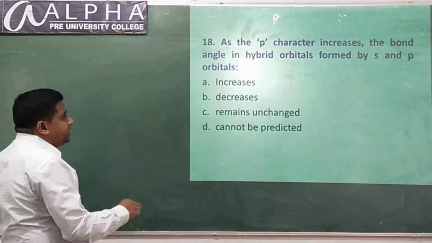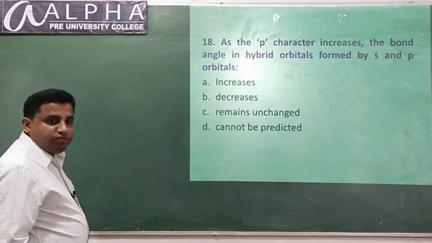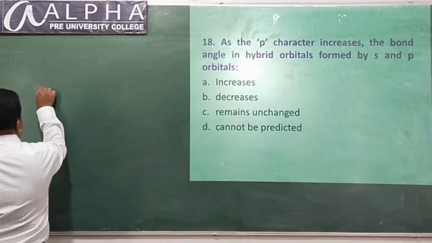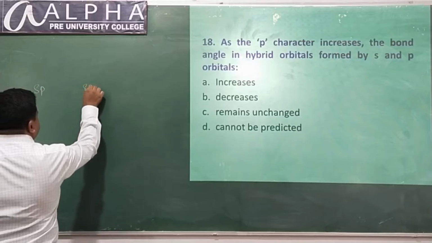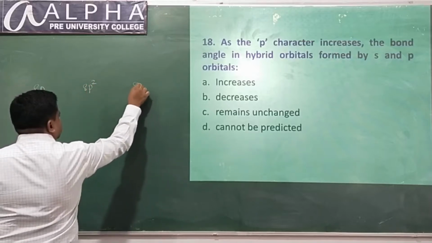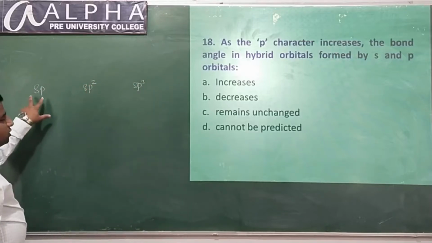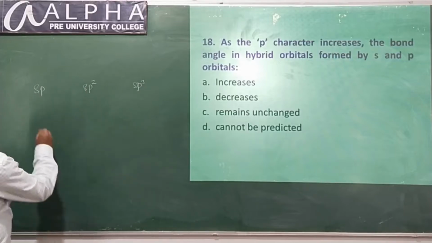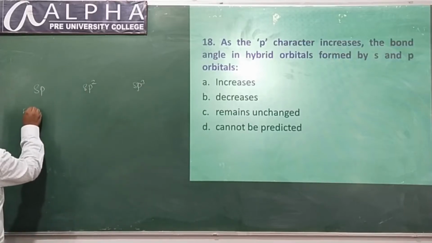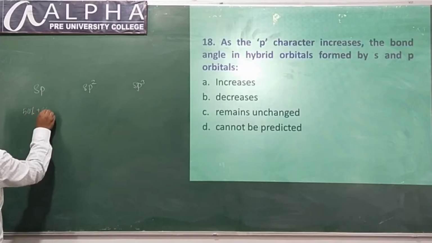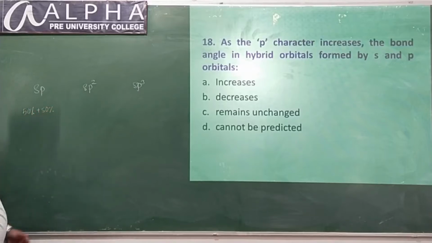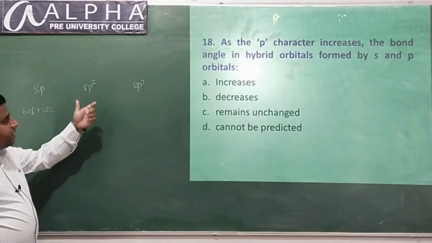Between s and p orbitals we have got three types of hybridization: sp, sp2 and sp3. So what is the percentage of s character and percentage of p character? In sp it is 50%, 50%. How about sp2?